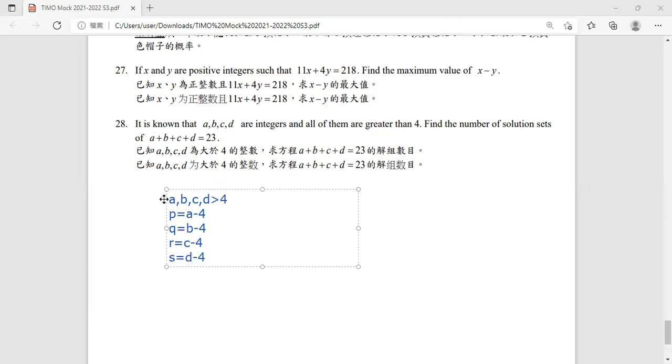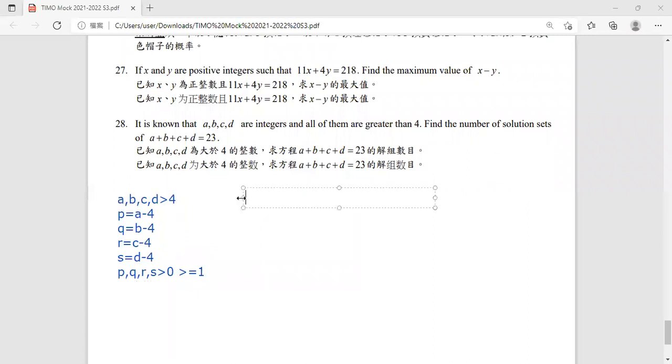And then P, Q, R, and S will be greater than 0, which means greater than or equal to 1. Now I can start. So P plus Q plus R plus S will be equal to 23 minus 16, which equals 7.